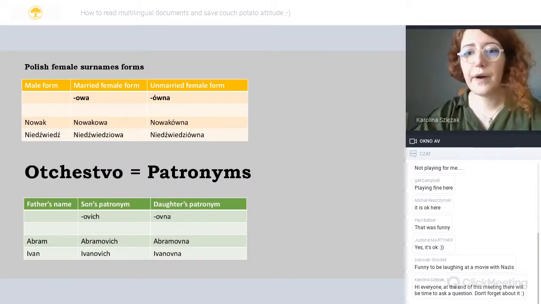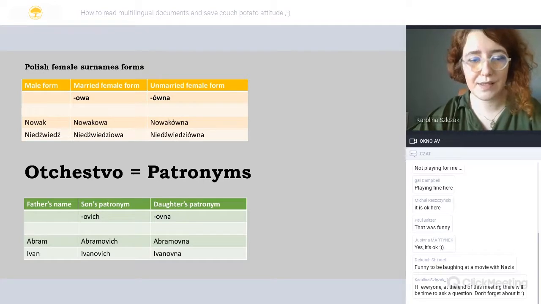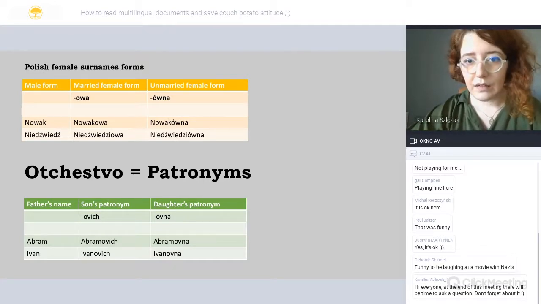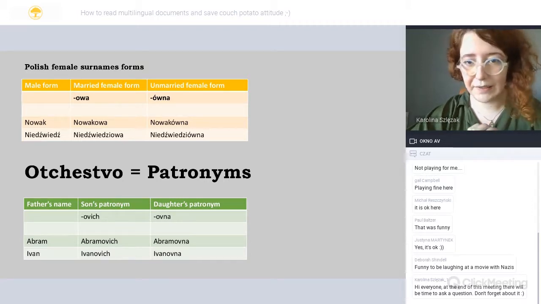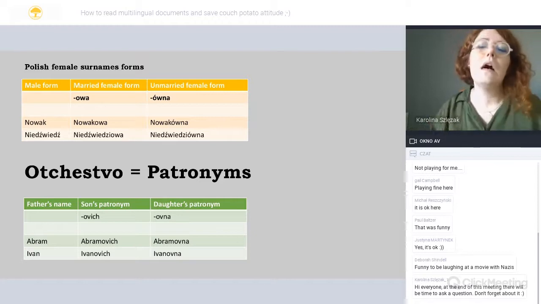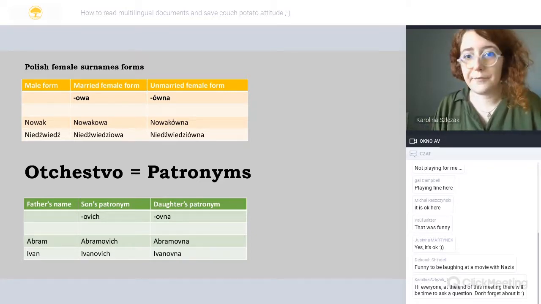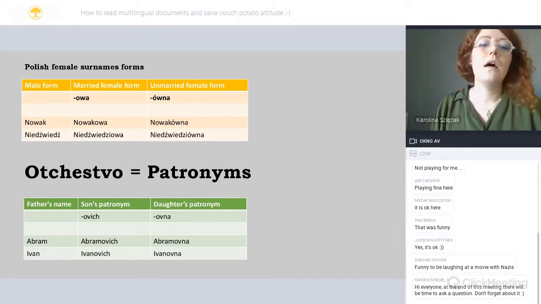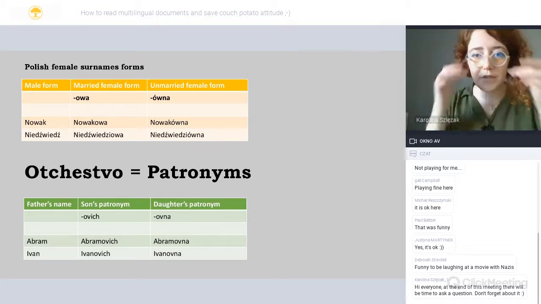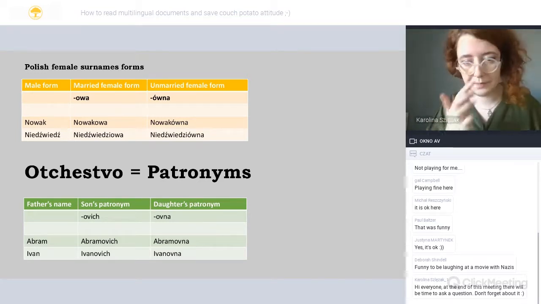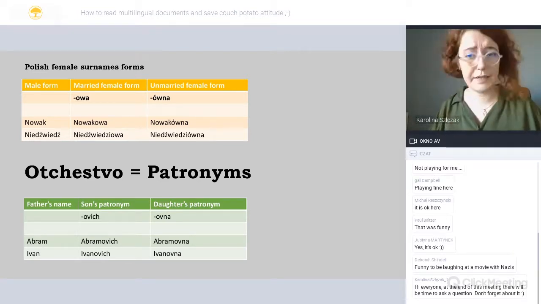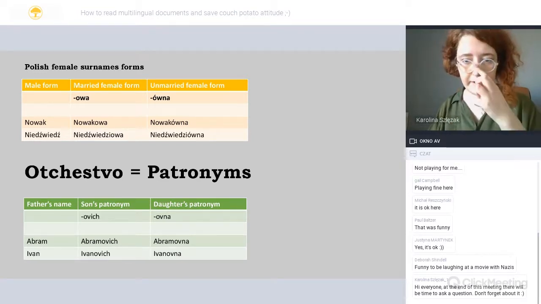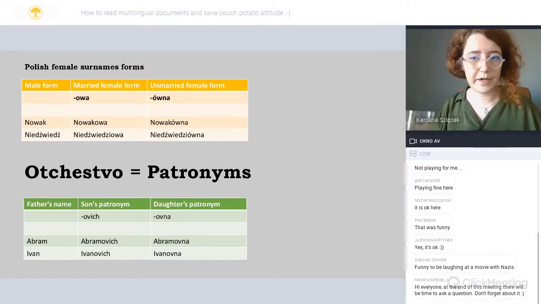And here we go with one thing that is kind of useful, and we don't need to know the Cyrillics here. So this is in Russian. This is отчество, and those are the patronyms. The patronyms are usually listed sometimes when the metrical records are indexed.